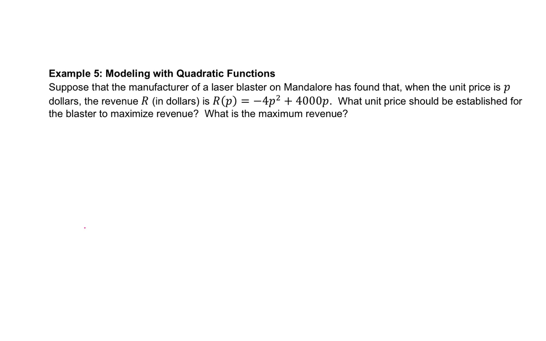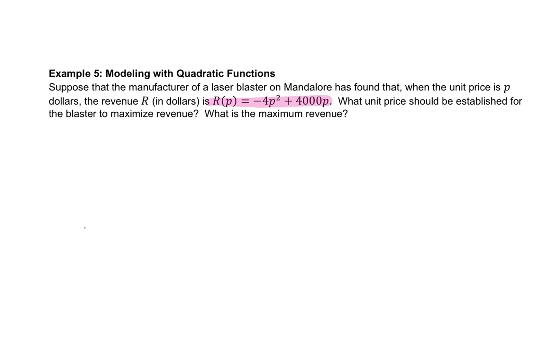And it's going to be in the form of revenue of P equals negative 4P squared plus 4,000P. So that is the equation that's going to get you revenue. All right? What price should you have per unit to establish revenue? And what is the maximum revenue?